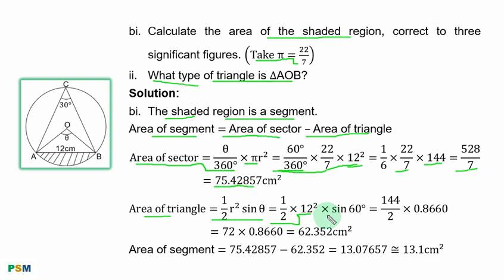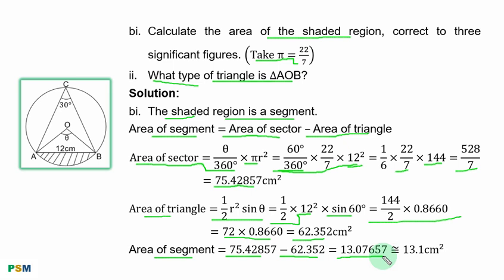Area of triangle is given by this formula, that is 1 over 2 times 12 square times sine 60 degrees. You have this result, followed by this, and you have 62.352 square centimeters. Therefore, area of segment is equal to area of sector minus area of triangle, that is 13.07657.